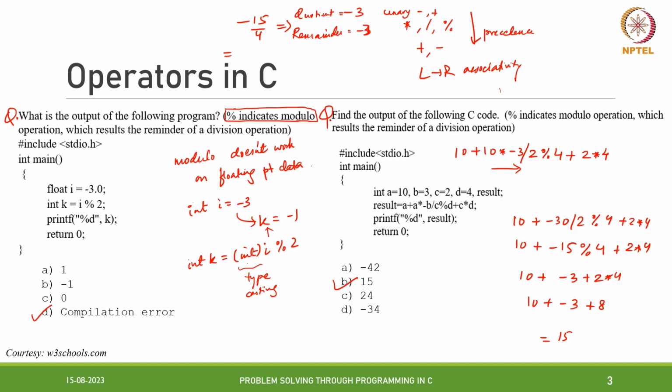Like we write this as minus 4 and that as plus 1, but usually the operation happens in this manner. If you think in decimal terms, it will lead to the same thing: minus 3.75. So you can write it as minus 4 plus 0.25, or minus 3 minus 0.75.